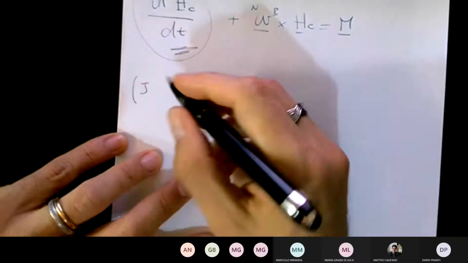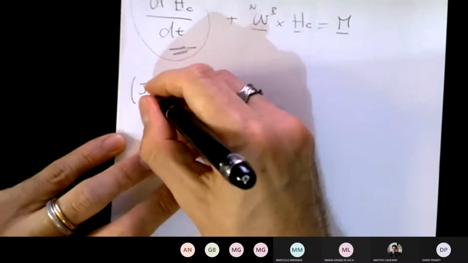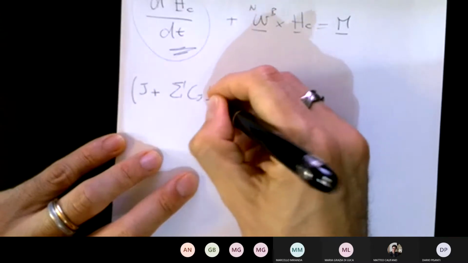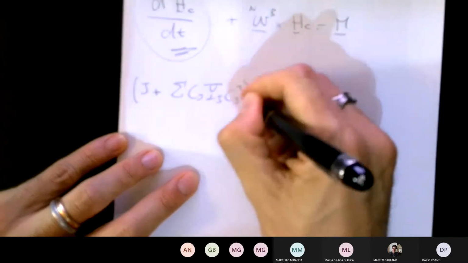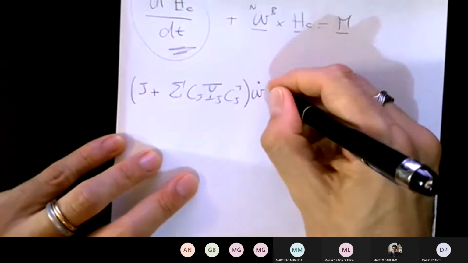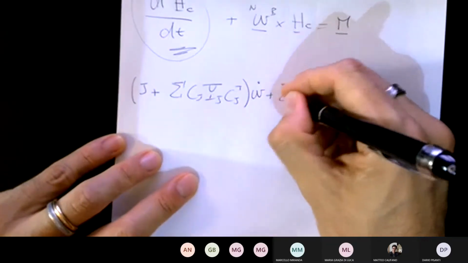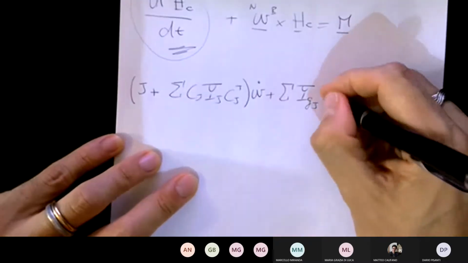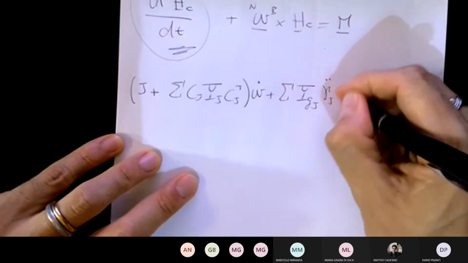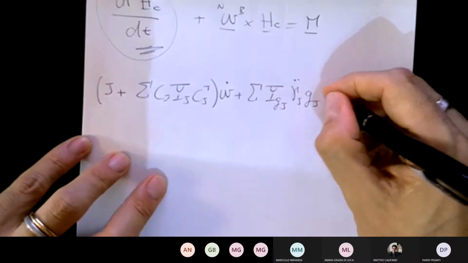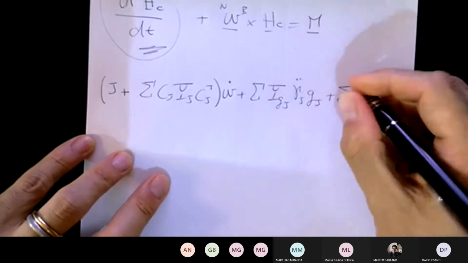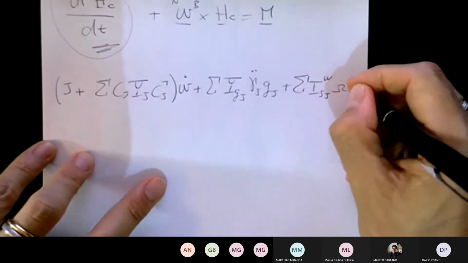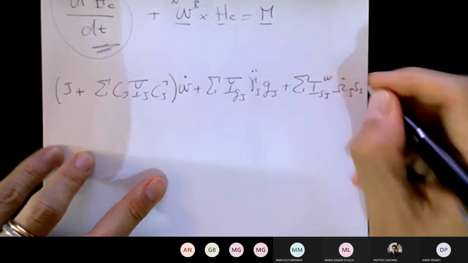This first term is going to be J plus summation of the Cj Yj Cj transpose, times omega dot, plus summation of the Y gj gamma j double dot gj, plus summation of Is_j omega gamma j dot sj.